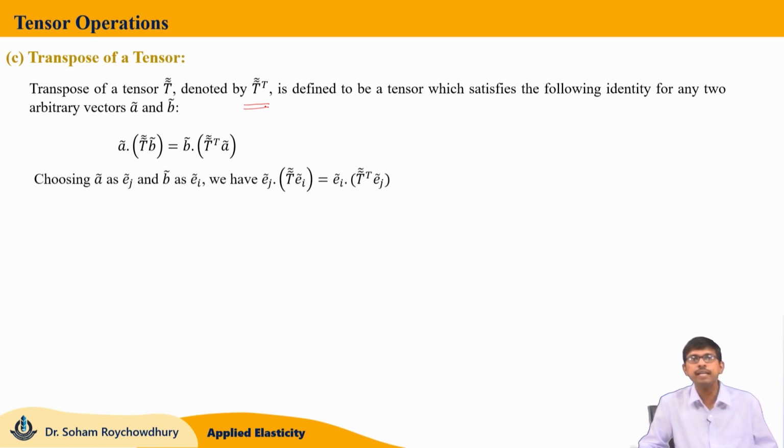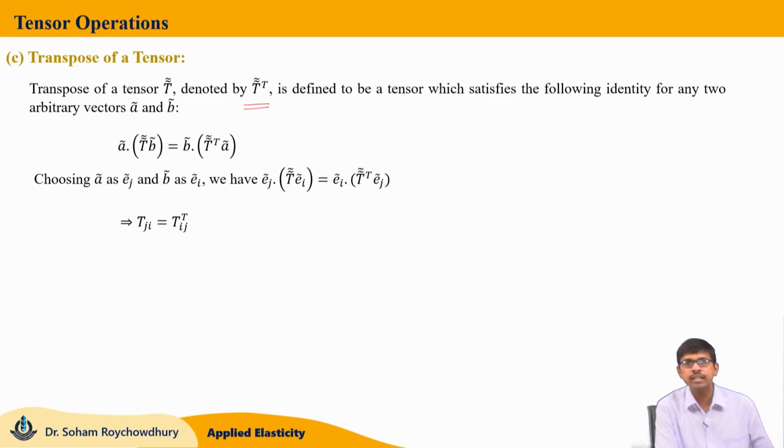Now, A and B being two arbitrary vectors, we can choose them to be anything. So, let us choose A as e_j and B as e_i, two unit vectors, and replacing them in this particular identity, it will become e_j dot T acting over e_i equals e_i dot T transpose acting over e_j.